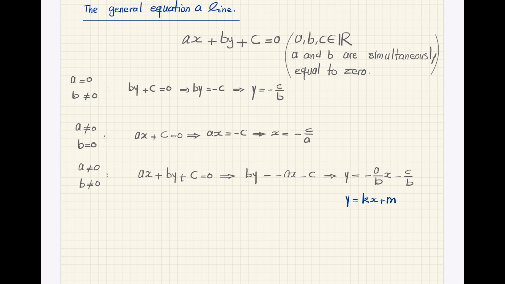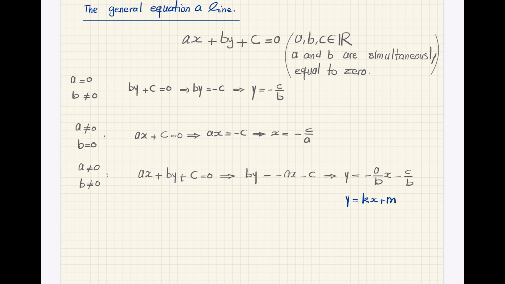So you see that there are three possible cases in general that can happen. In each one of these cases, this equation reduces to an equation that I already know is an equation for the straight line. So I would say that this is always representing a straight line. Of course, the only limitation is that a and b cannot simultaneously be equal to 0.